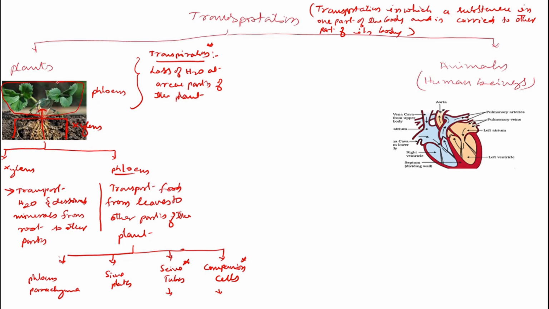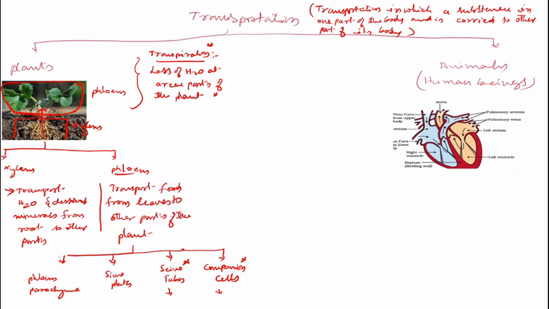Aerial part means the upper, top portion, where transpiration occurs. So this is also important: loss of water at aerial parts of the plant.